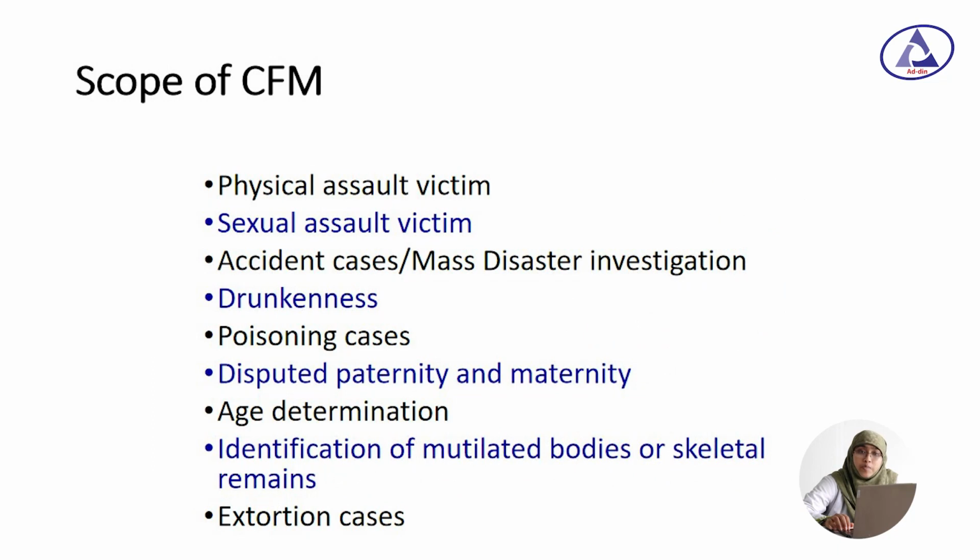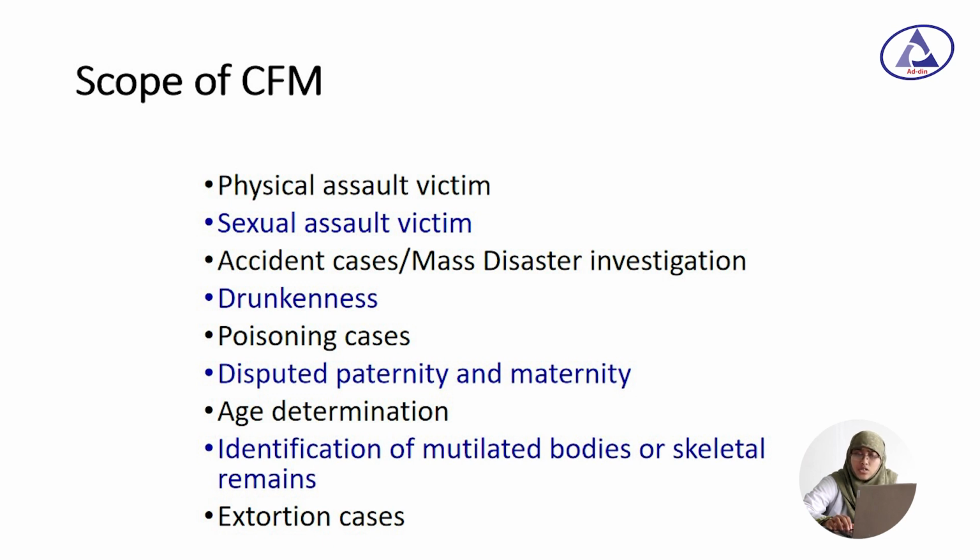There is a broad spectrum of scopes for identifying clinical forensic medicine subjects. These are physical assault victims, such as assault cases like domestic or roadside conflicts or other facts requiring an injury certificate. Sexual assault victims, involving all sorts of sexual offences, that are natural offences, unnatural offences, sexual perversions as well as sex-linked offences.